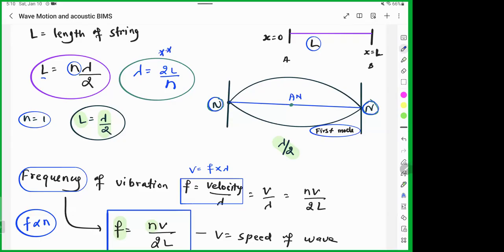Here you got lambda value 2L by n. How did we get length equal to n lambda by 2? Just check where node is formed. Every node is formed at a distance of lambda by 2. That's why total length L will be n lambda by 2.